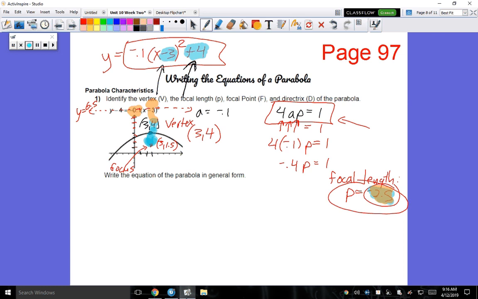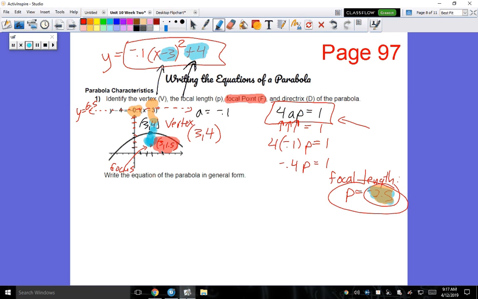And that's y is equal to 6.5. The reason why we say it's y is equal to is because it is a horizontal line. And the way we're going to draw a directrix, we're just going to dash it and show it just like that.